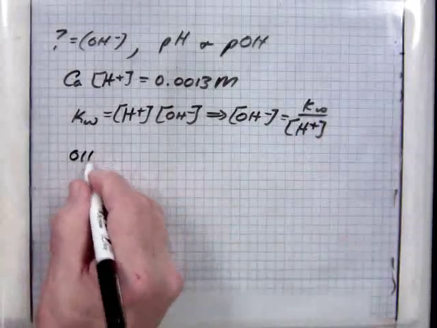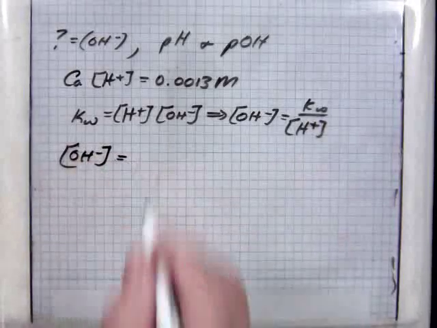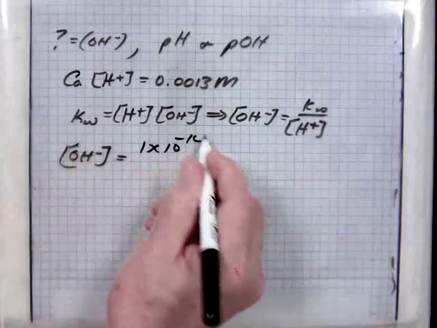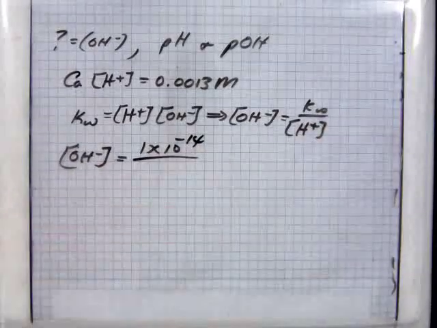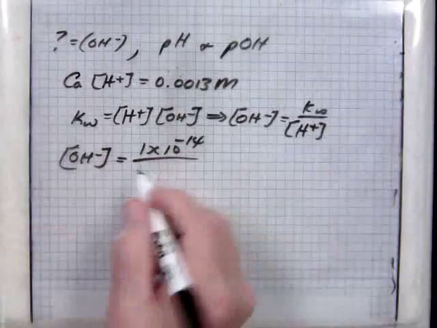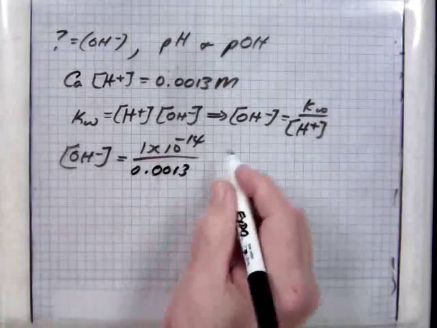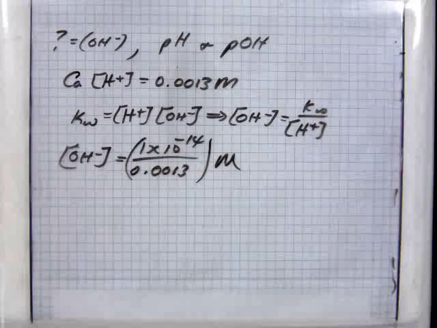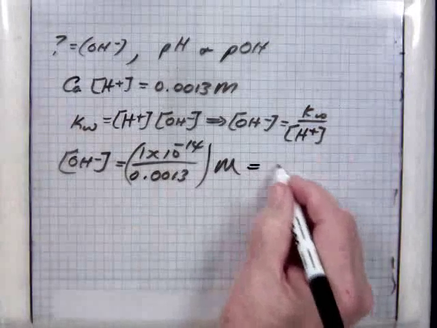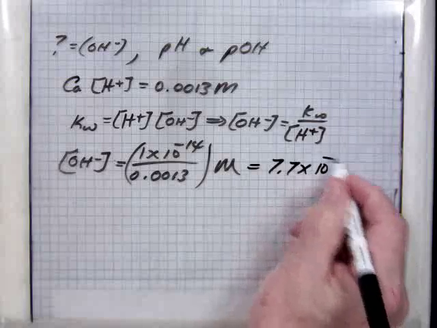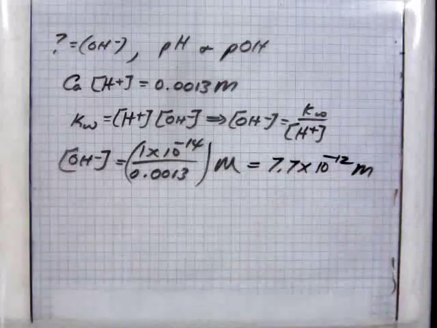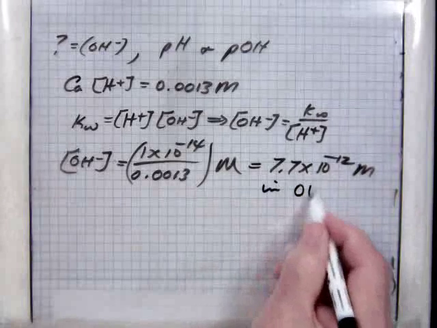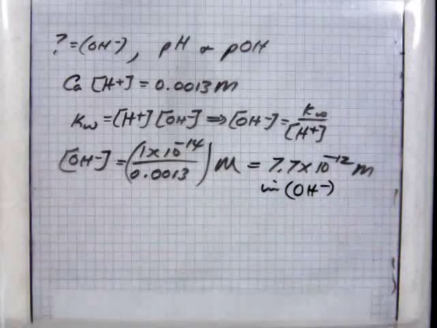So the hydroxide ion concentration in our problem is 1 times 10 to the minus 14, and it'll be on your reference sheet, divided by the hydronium, 0.0013, and everything's going to come out in moles per liter. I get 7.7 times 10 to the minus 12 molar in hydroxide ions.